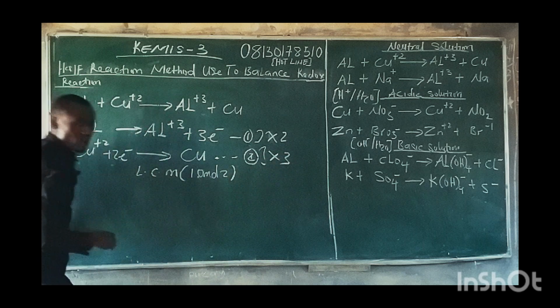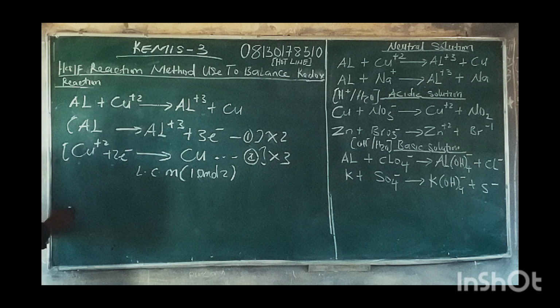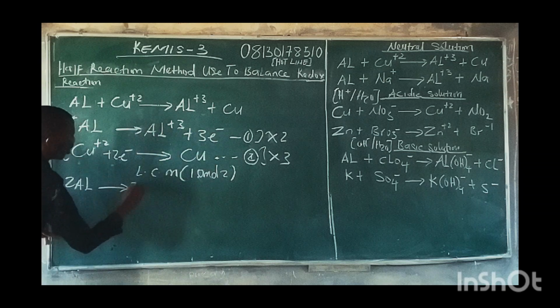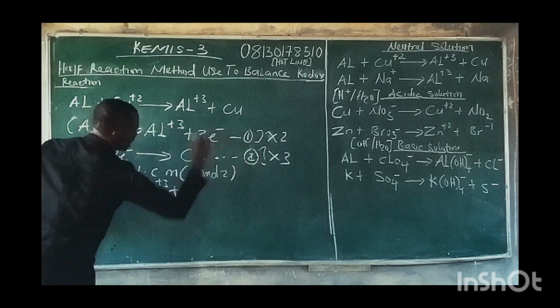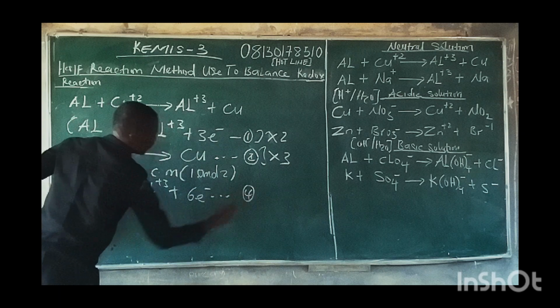If you do that, you have the LCM. So 2 times 1 is going to give me 2 aluminium, plus 3 charge. Then 2 times 3 is going to give me 6 electrons. Let's call this equation 4.